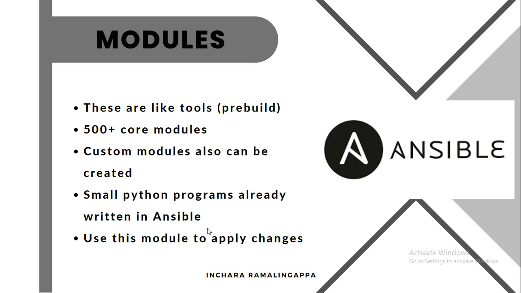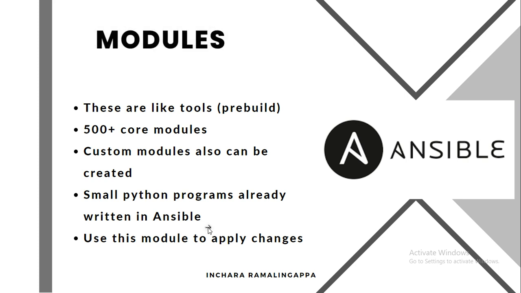As soon as you install Ansible, these default pre-built modules will be there. We use these modules to apply changes, whatever changes need to be done. Okay, if you want to ping that particular server, we use the ping module like that. So these are the modules we have in Ansible.